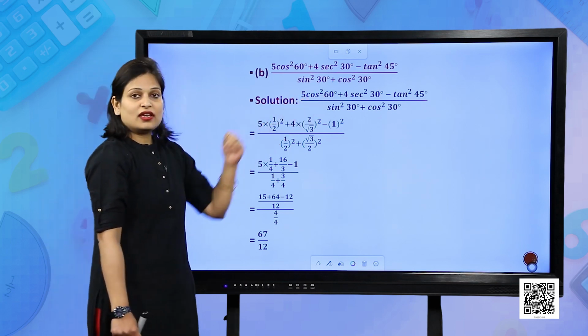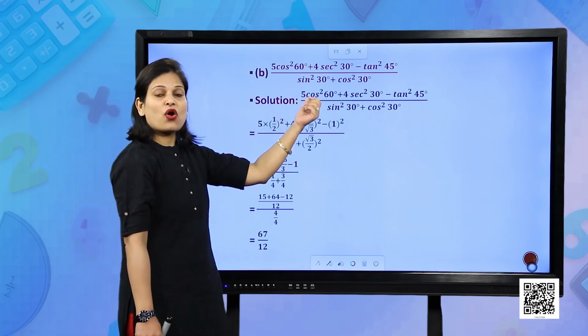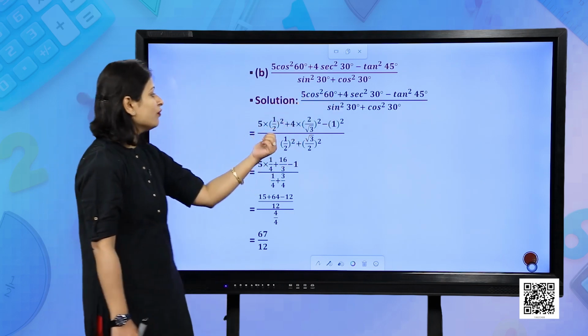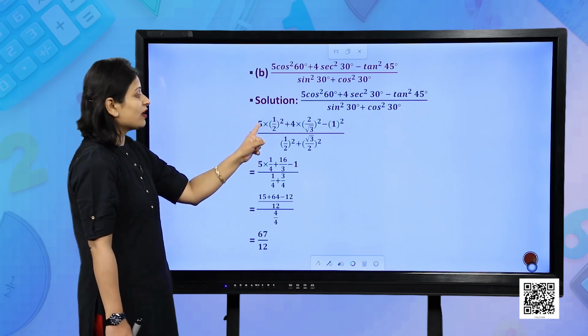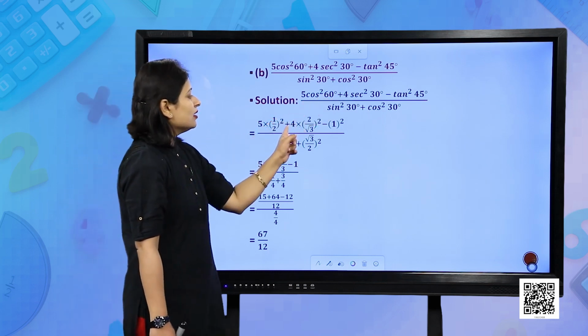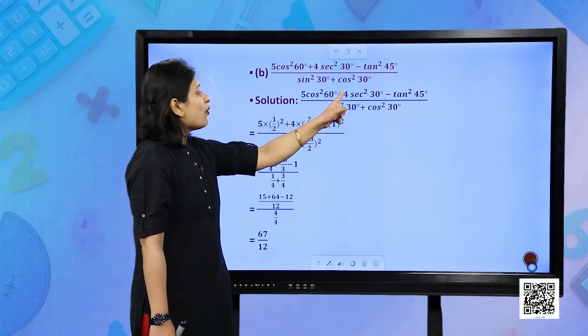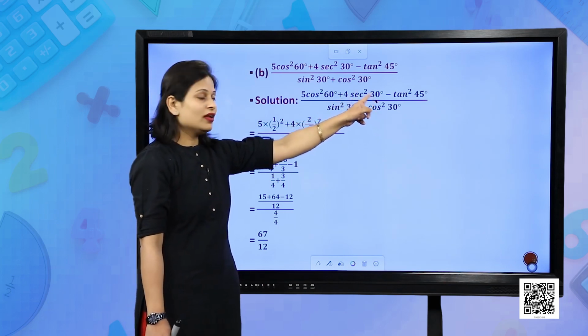Now, cos 60 degree is what? 1 by 2, but we have here cos square 60 degree, so we need to put square over here.